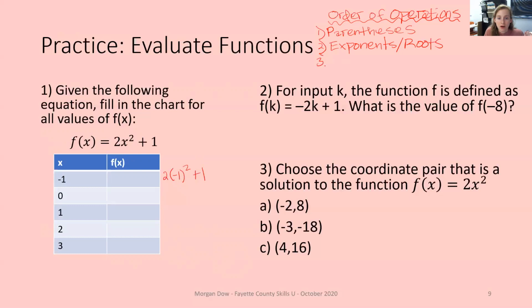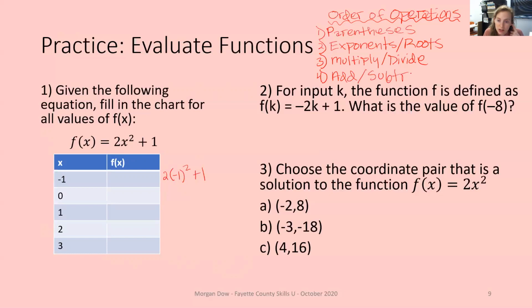The third thing we work on is multiplication and division. And if you've got multiplication and division within the same problem, you would work those left to right. So within each of these levels, if you've got multiple instances of the same operation, you work left to right. And then our final level, the fourth level of operations, is addition and subtraction.